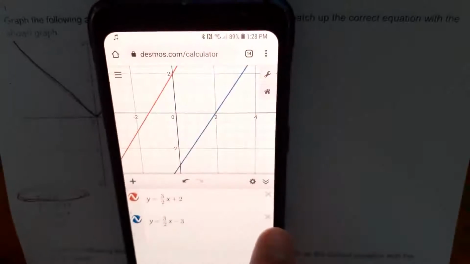There we go. Let's clear out these from something else we were working on, and let's type in y equals, okay, that would help. Come on. It doesn't want to focus. Maybe it needs more light. Let's give it more.